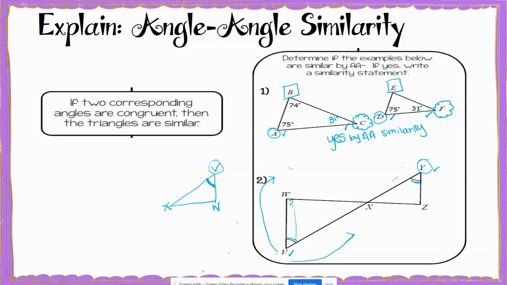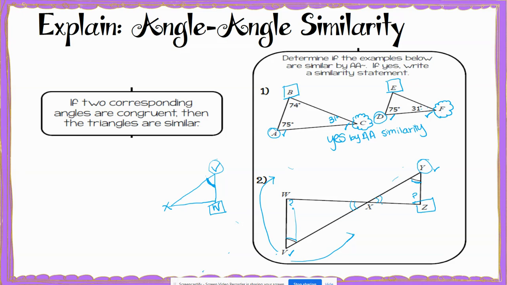But when I look at W, I don't know what W equals. I also don't know what Z equals. So I know that W and Z are corresponding angles, but I don't know what either of them measure, so I cannot use those. So instead, I need to use X. I can't use it from this drawing, so I need to go back to what I know over here. Both of these are X. But if you think about what we know about intersecting lines, when two lines intersect, they create vertical angles.